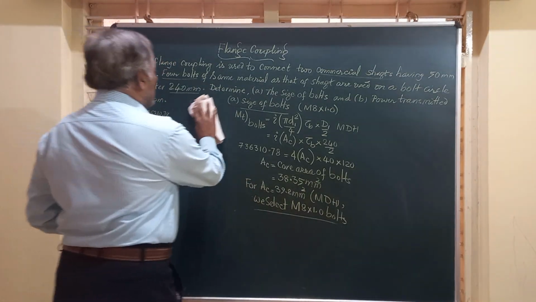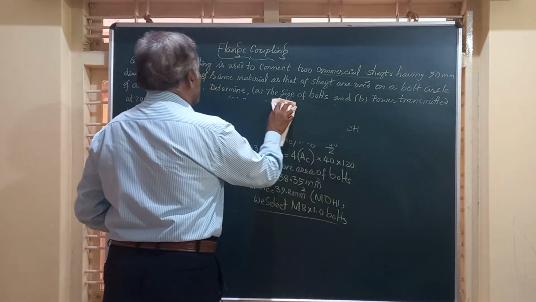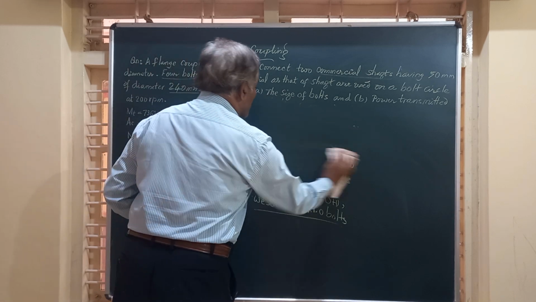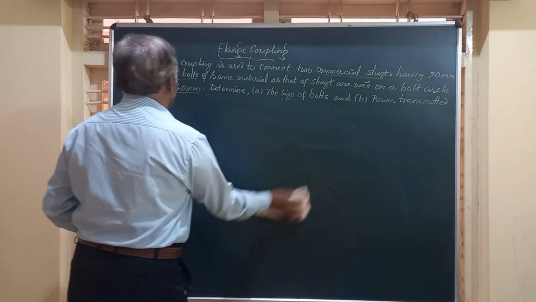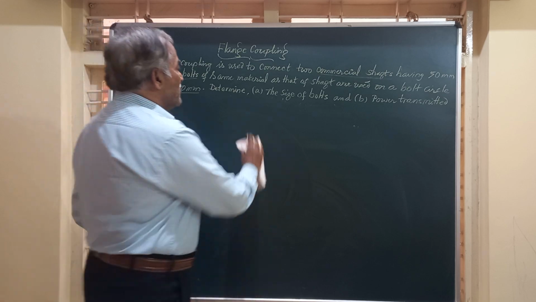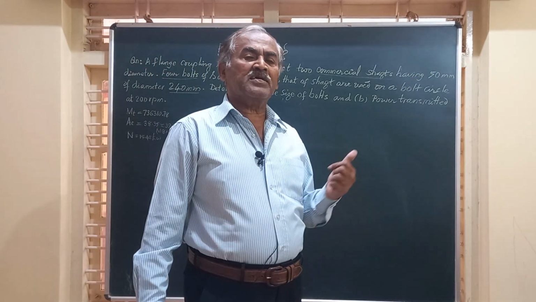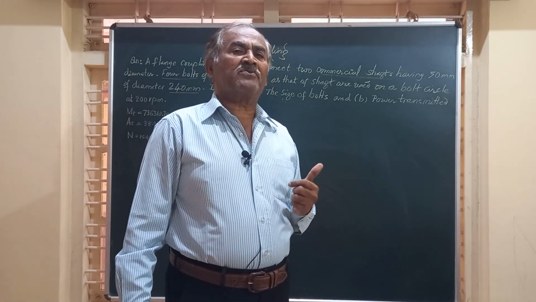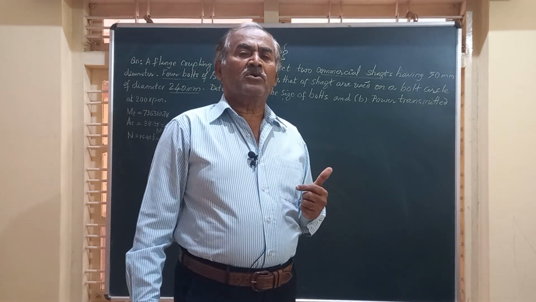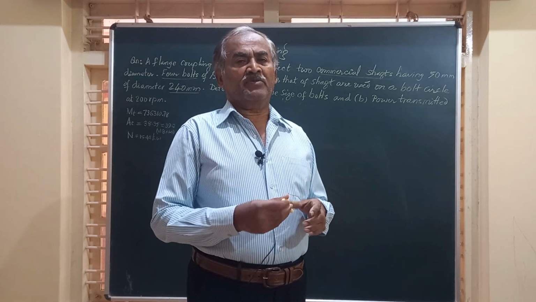Friends, after completing the first part of the question, let's move on to the second part. It is asking us to find out the power transmitted. That means, using this coupling having shaft diameter 50 mm, what is the power that can be transmitted?